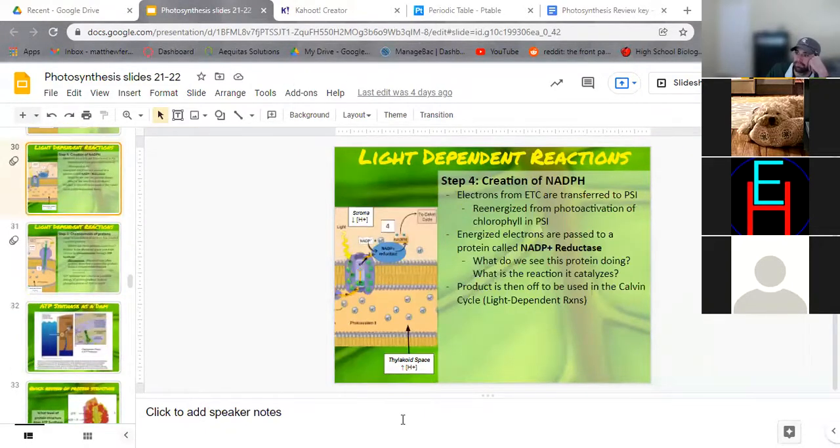Yep. And so this goes back to when we were learning about reducing NADP plus into NADPH, right? If I have NADP plus and it's being given a proton here, that's going to create NADPH. What's the issue with this equation charge-wise? Are my charges all balanced?